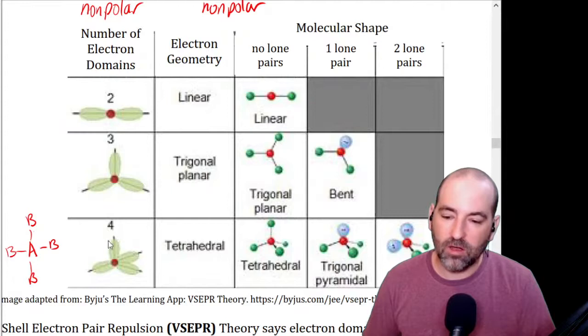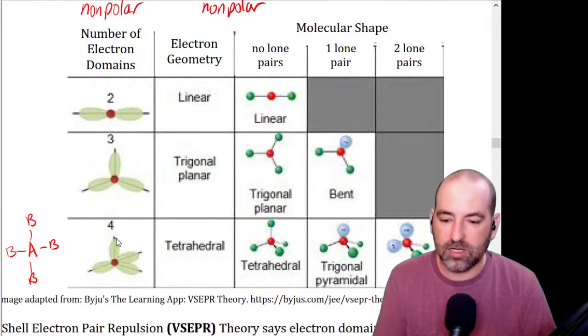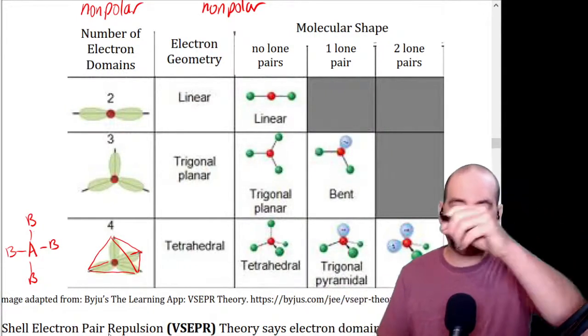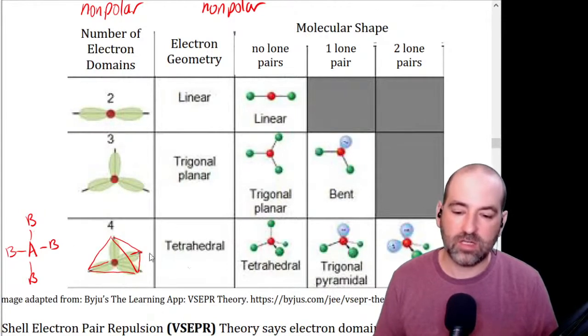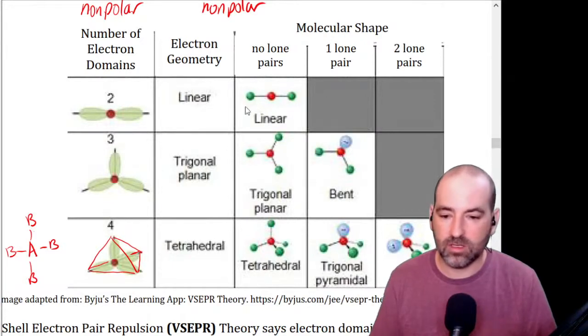And so if they use all 3 dimensions, we have this shape called tetrahedral. So you can imagine a shape with 4 equal faces, and 1 atom at each corner. That's called a tetrahedron. And so that shape is known as tetrahedral, and those bond angles are about 110 degrees.